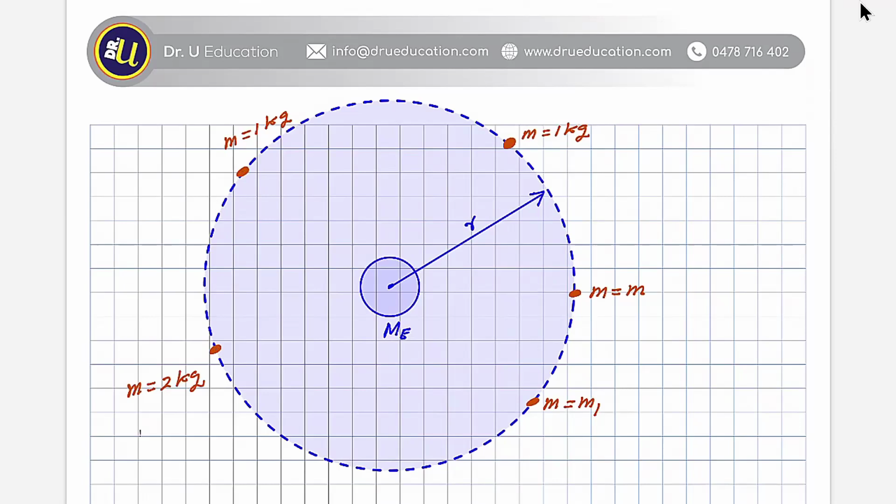Right. So now we will try to find the gravitational forces. There is a gravitational force in here, which I would say is F0.